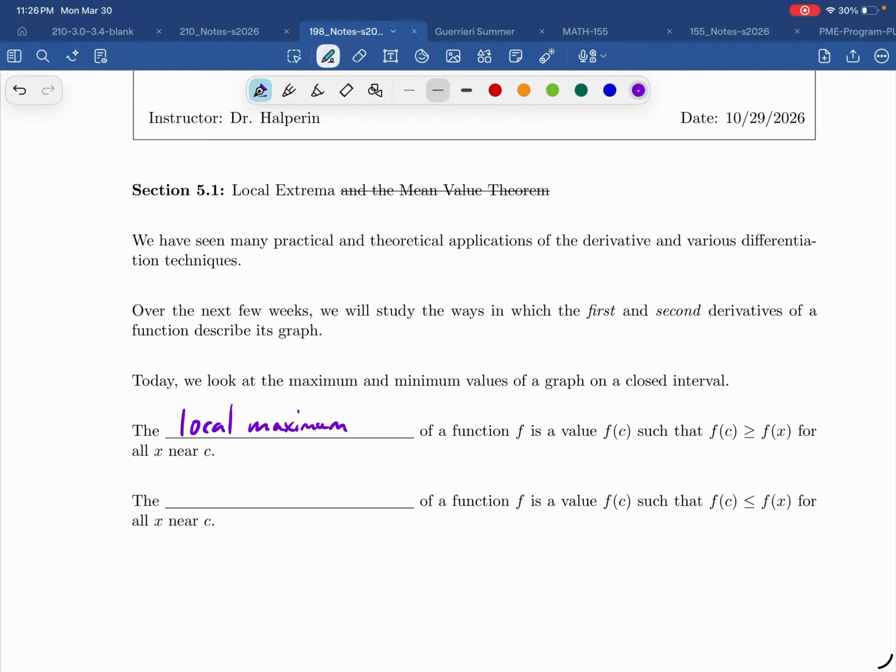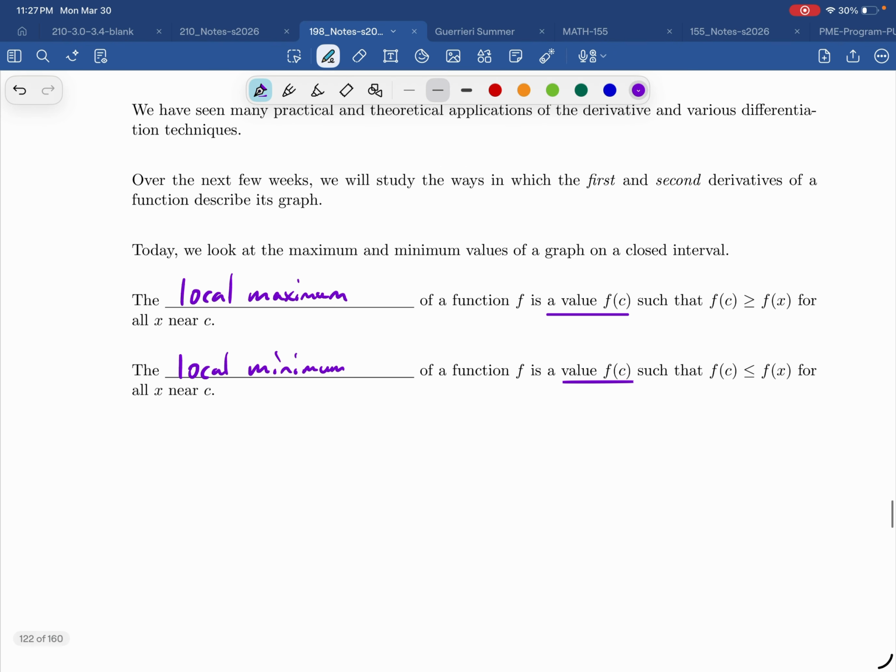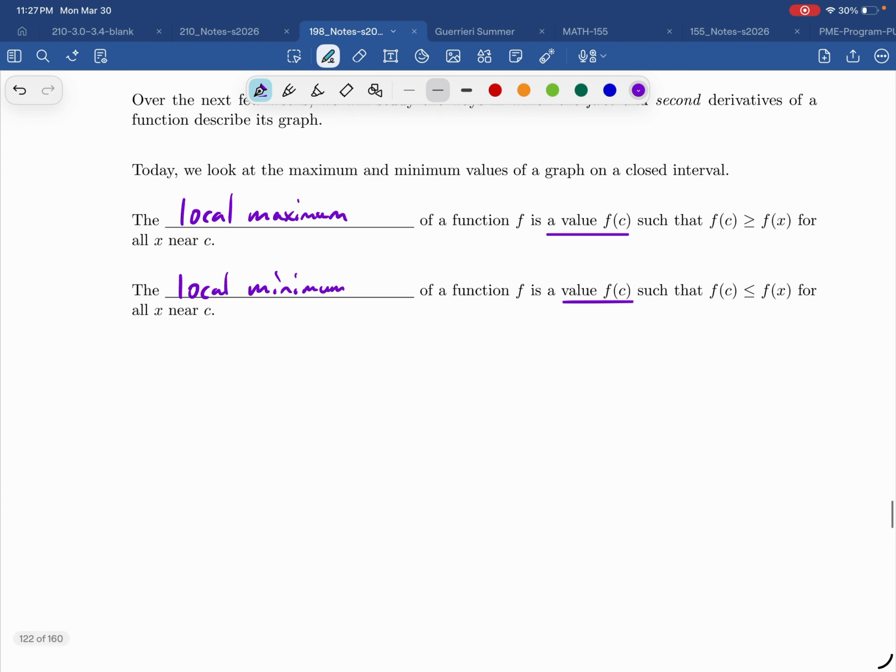Note that the local maximum is a y value, okay? And analogously, a local minimum of a function is, again, a y value that is less than all f of x in some neighborhood of c.